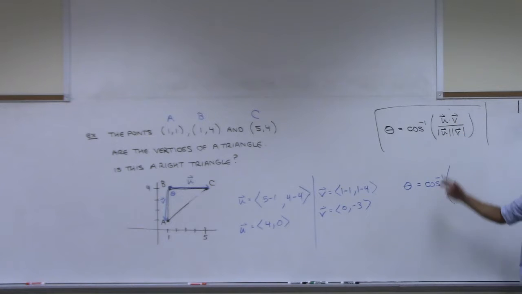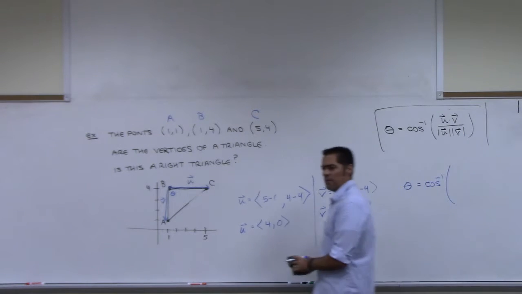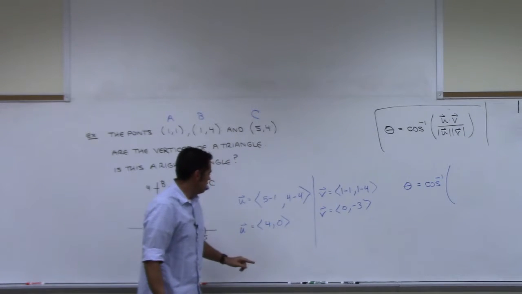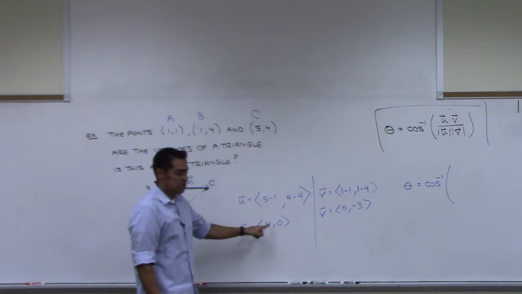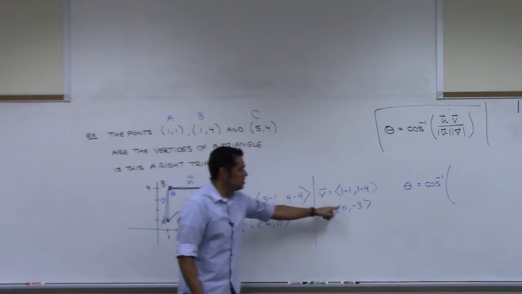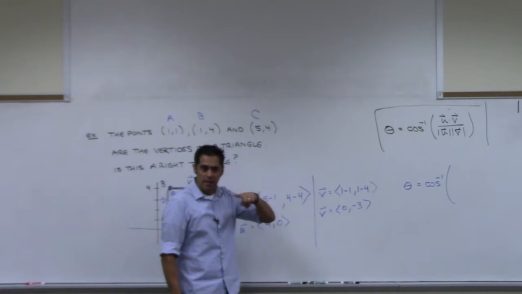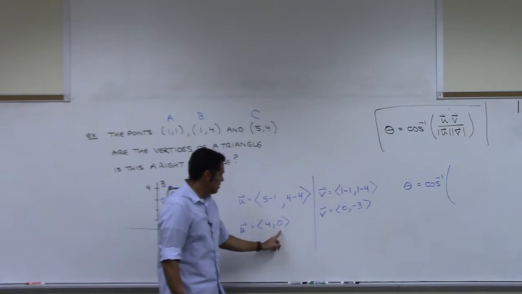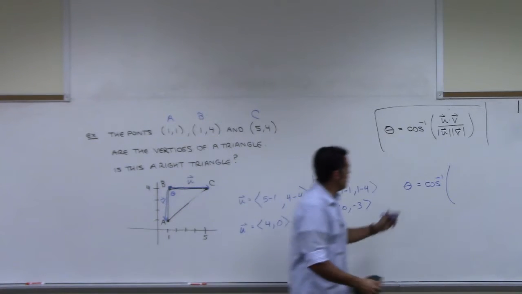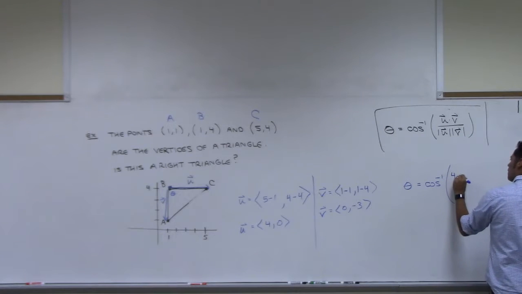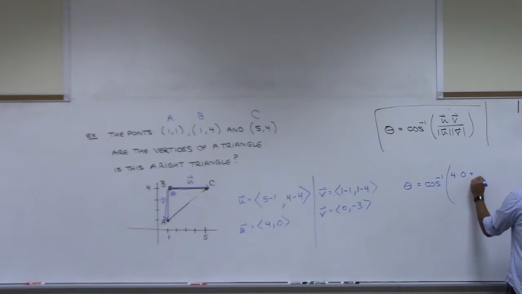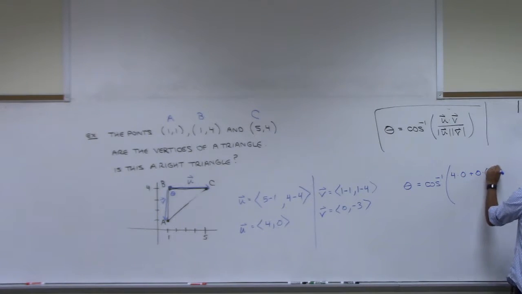So when we dot these two vectors together, what was the formula for dotting them? Multiply x with x, okay, 4 times 0, and then add 0 times negative 3. So we get 4 times 0 plus 0 times negative 3 over, okay, over, I realize that's going to be 0, okay?